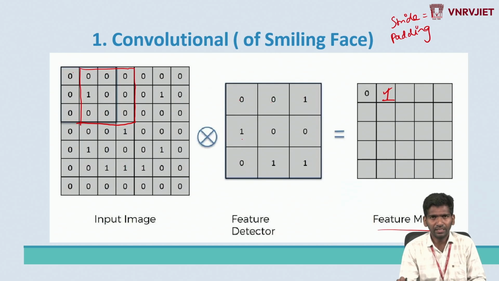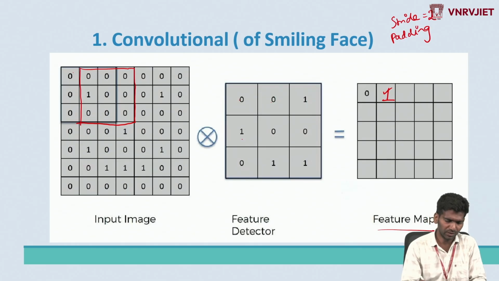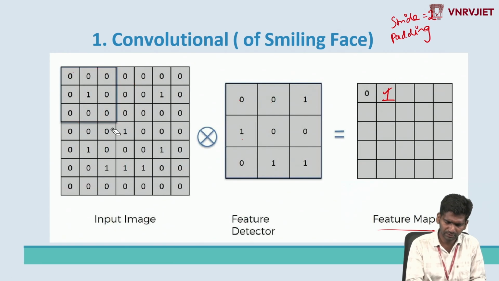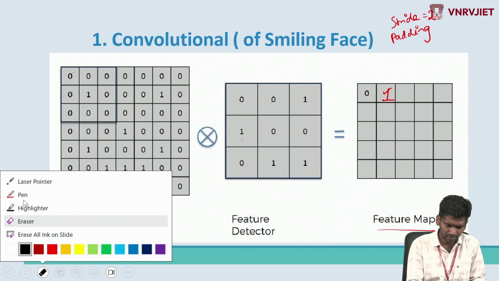So this is stride. Stride means which part of the input image you are multiplying with the feature detector next. If the stride is 1, this is the case. If the stride is 2, what is the case? We will consider the second one.